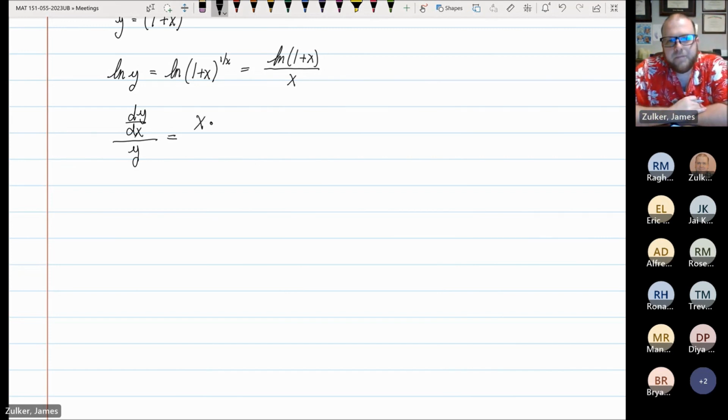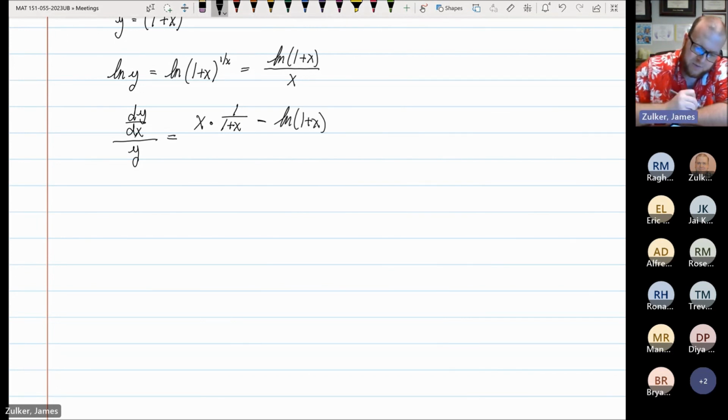Denominator times derivative of the numerator minus numerator times derivative of the denominator over denominator squared.